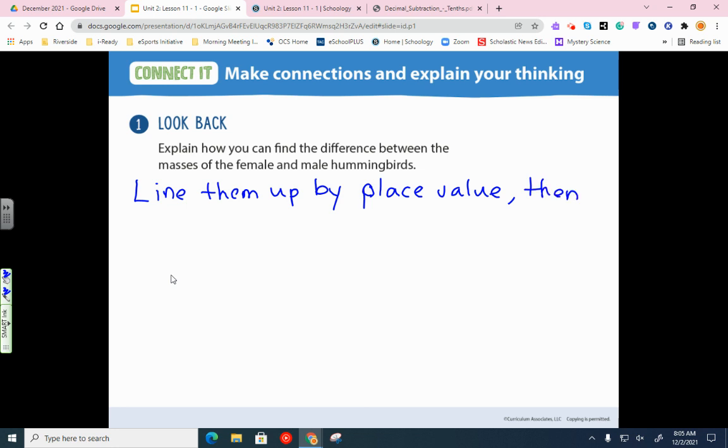Then subtract tenths and ones. Those are the two place values we dealt with, the tenths place and the ones place. And if you're watching this on a video, you can pause to write things down and then just hit play again once you're ready.